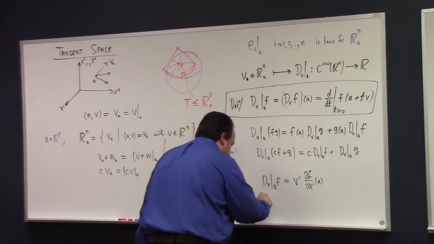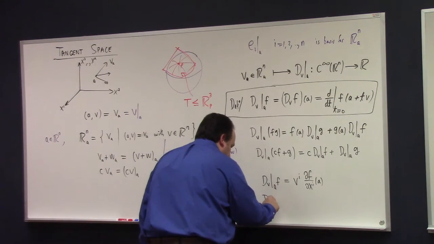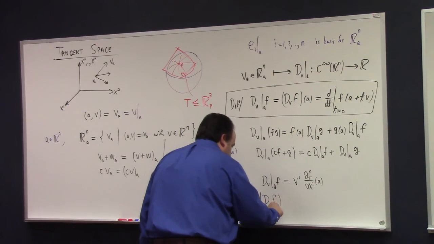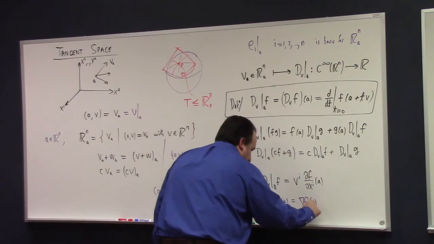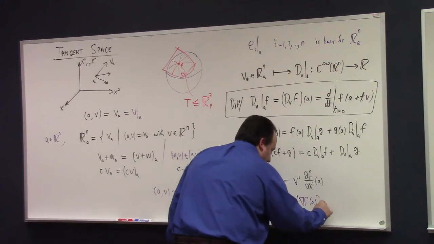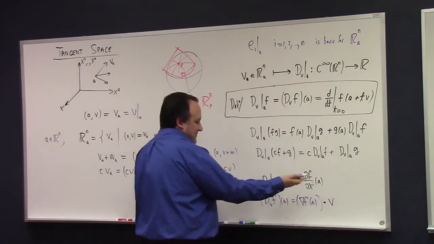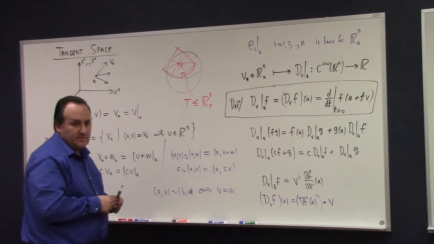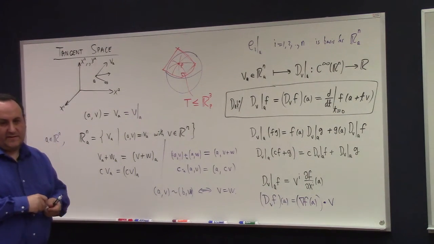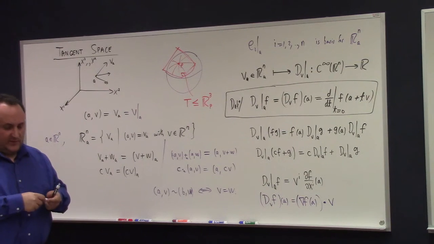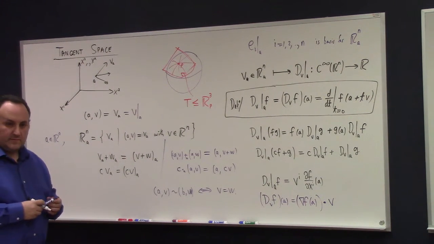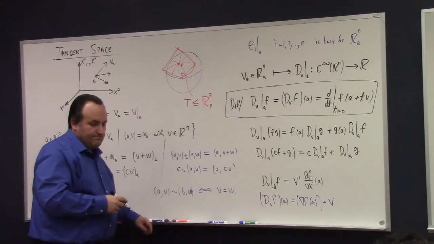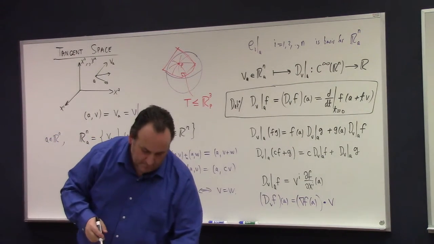It's the directional derivative of f in the v direction at the point a, and I'll write the formula, gradient of f at the point a, dot product with v. That's what this is, right? And the fact that that can be expanded in terms of partial derivatives of f is nothing more than the chain rule for functions from R^n to R.